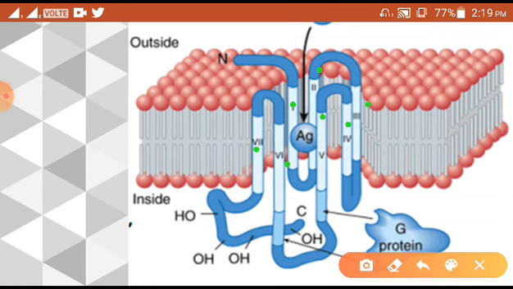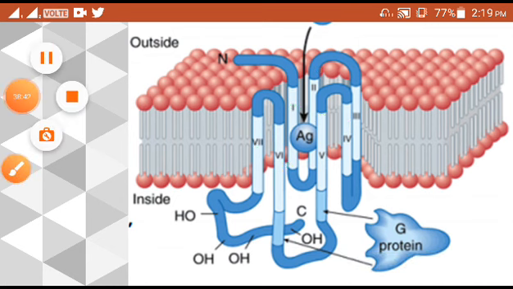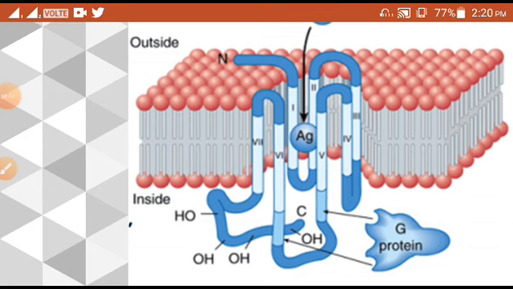Alpha because they are alpha protein, helical because they are helix in structure. All these terms I am speaking are very, very, very important. 7 alpha helical membrane spanning means entering into the membrane, spanning hydrophobic amino acid segments.